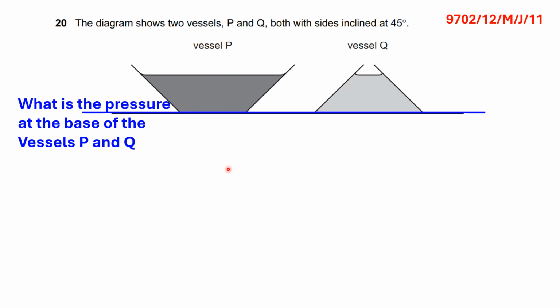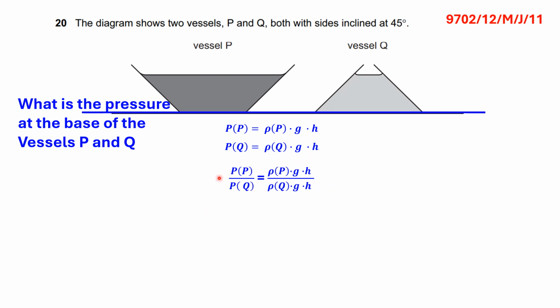We know the pressure P depends only on the depth, the density of the liquid, and the acceleration of gravity. Therefore, the pressure at the base of liquid P is equal to the density of liquid P times g times the depth, which is at the base of the vessel. Likewise, the pressure of liquid Q is equal to the density of Q times g times the depth or height.